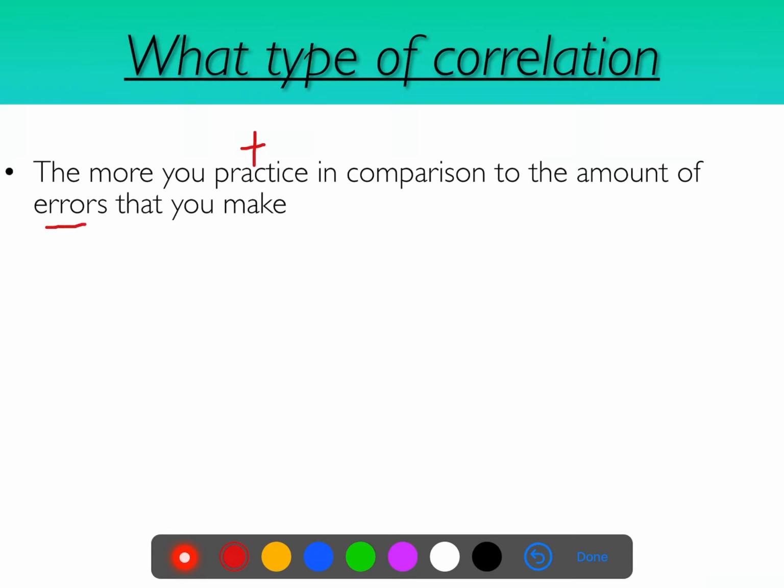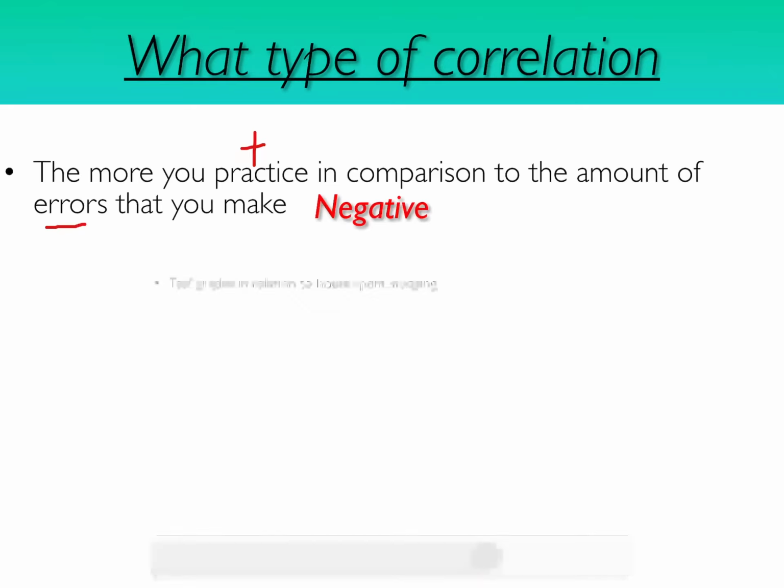You would expect your errors to go down as you practice more. So what kind of correlation happens when one variable is increasing and the other is decreasing? This is a negative. We cannot identify strong or weak because we do not have a visual representation of the data points.